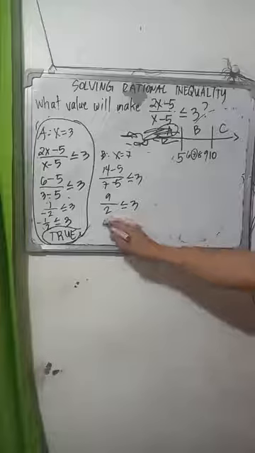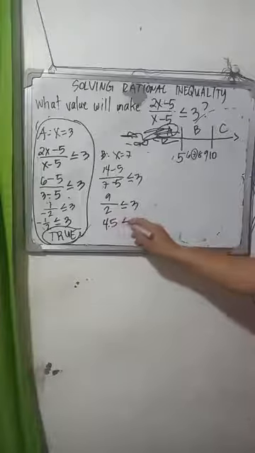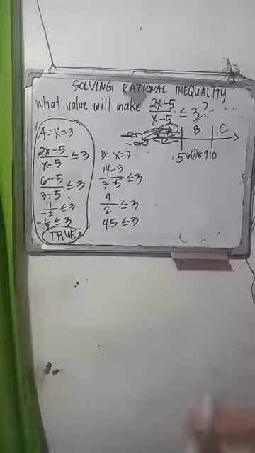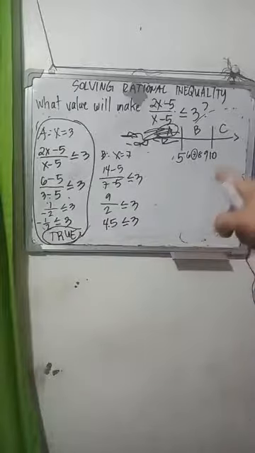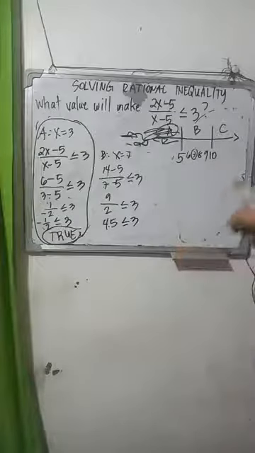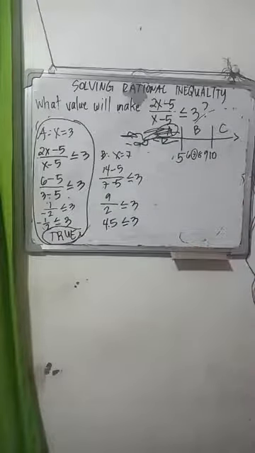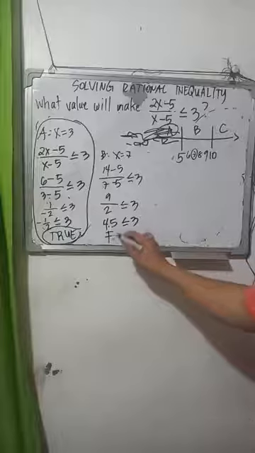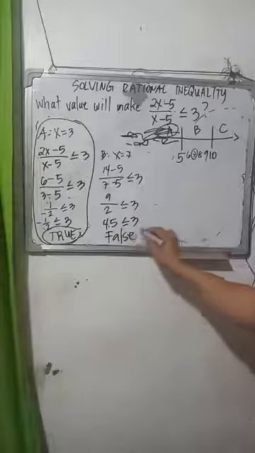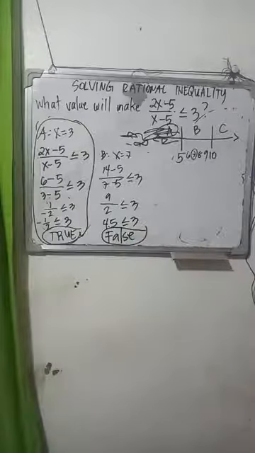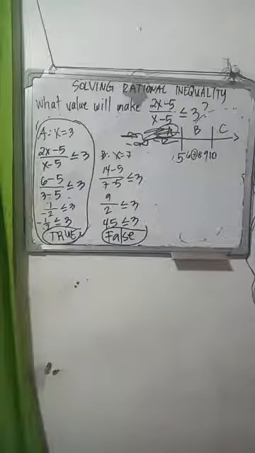So that is 4.5 less than or equal to positive 3. True or false? Okay, so that is false. So interval B is not part of the solution.